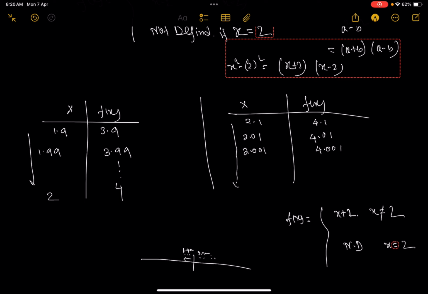If you continue this process at 2 from the right hand side, and likewise from the left hand side, LHS, it goes to 4.